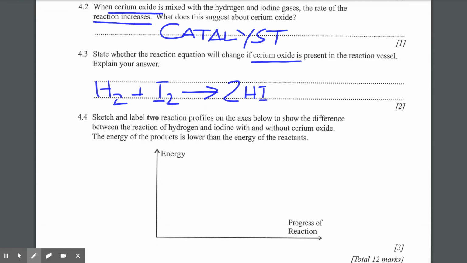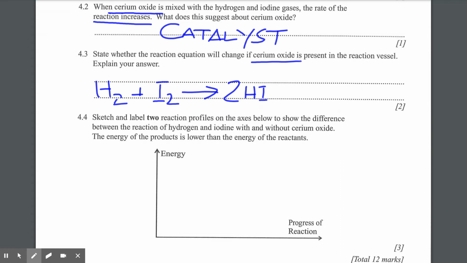Because it's a catalyst, and as a rule, catalysts can essentially be removed from the reaction and obtained at the end of it, the reaction equation won't change, because the cerium oxide, although it's involved in the reaction via a process of increasing the rate, isn't actually involved in the chemical changes overall for the reaction equation. So the reaction itself doesn't change, only the rate does.